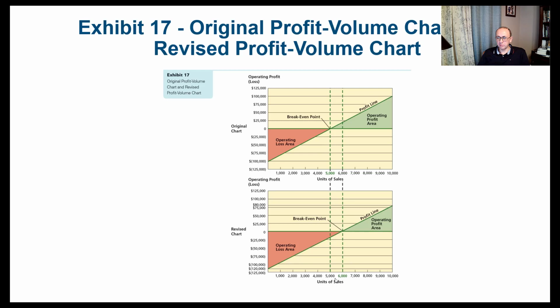And here we have the 6,000 units, compared to 5,000 units, which was when we had the fixed cost of $100,000. So again, you can see that this kind of graph will give us a better visualization for the impact of any changes in the variables that we are dealing with.